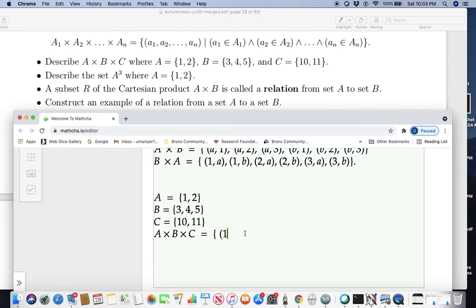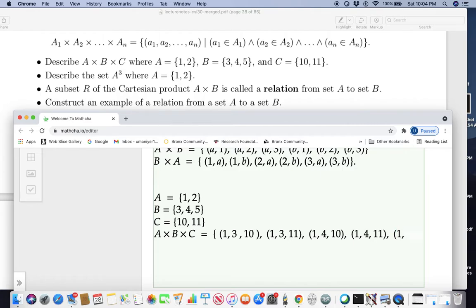Each tuple is going to have 3 entries. First entry comes from A, second entry comes from B, third entry comes from C. First from A, second from B, third from C. You see where I'm going with this, right?